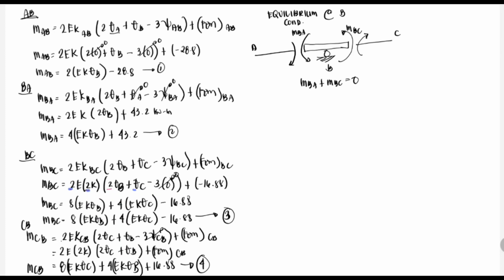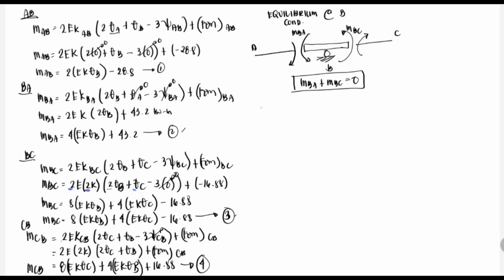Right after natin makuha yung equation na yan, pwede na natin i-substitute yung ating value ng MAB or MBA and also MBC. So, we have here equation 2, and then BC would be equation 3.